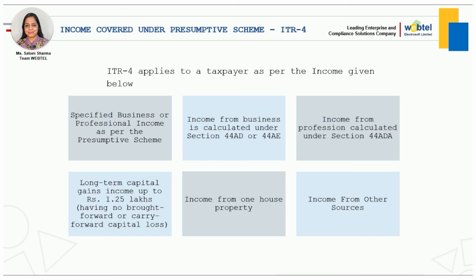Also, a new change has been introduced related to long-term capital gain. If you have long-term capital gain income up to 1,25,000 and you do not have any brought forward or carry forward capital loss, then also you are eligible to file ITR 4. And if you have income from one house property and other sources, then you are eligible to file ITR 4 under the presumptive scheme.